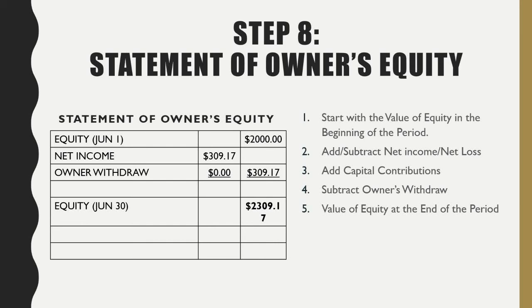Okay, now again, other factors that contribute to your owner's equity are going to be your capital contributions. Once again, capital contributions are basically any money that you invested that's not from your business, money that you personally invested into your company.